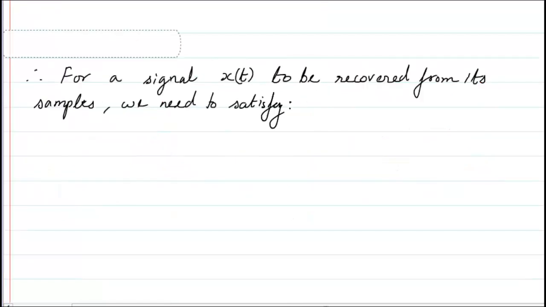Thus we can say that for a signal x of t to be recovered from its samples, we need to satisfy two conditions. The first condition is that x of t should be band limited. That means it should have some maximum frequency beyond which the frequency components are 0.